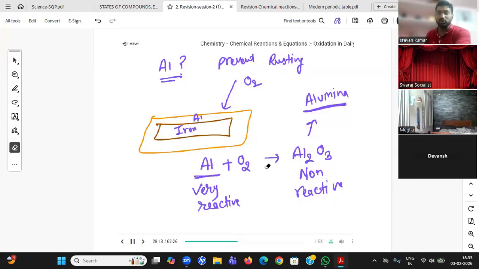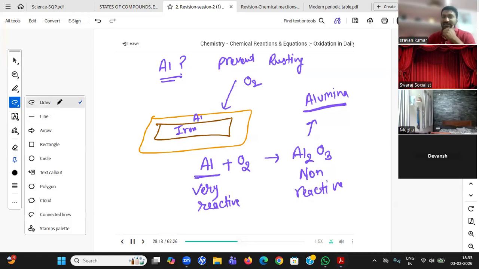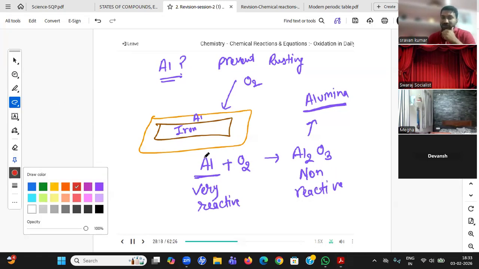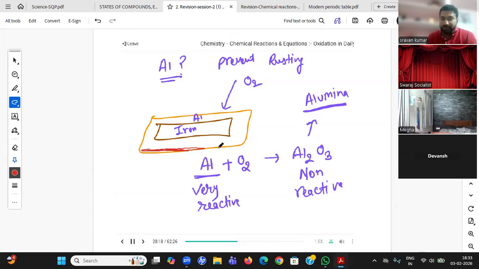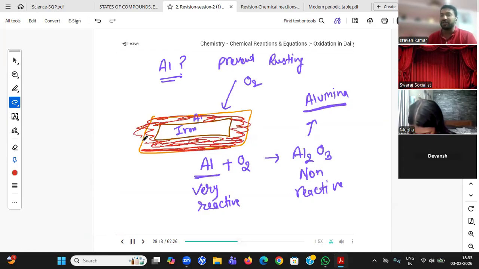Now the question comes, sir, why aluminum? Aluminum and magnesium have one more property. You see, inside is iron and you have painted it with aluminum. Here also rusting happens, here also aluminum will get oxygen. But the corrosion outside layer of aluminum is very strong. Once Al2O3 is formed, the outside layer is very strong.